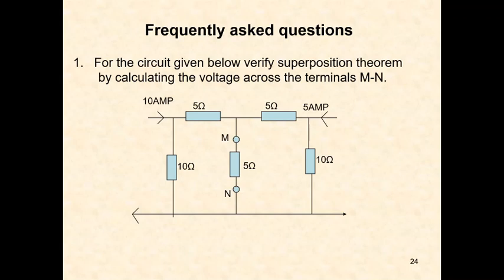Next, by open circuiting the 10 amps, the 5 amps is applied, then again two nodes are there, two nodal equations will come, and similarly from that we find the voltage across MN. In that way these two voltages are added, and then we can find the voltage across M and N. So by using nodal voltage analysis and applying the superposition theorem, we can find this.